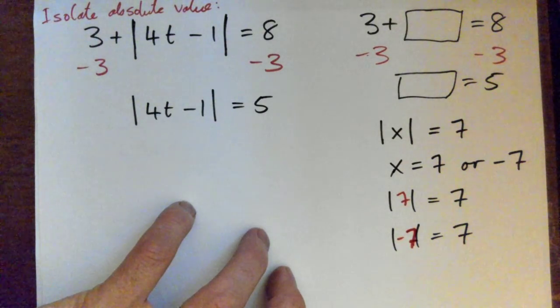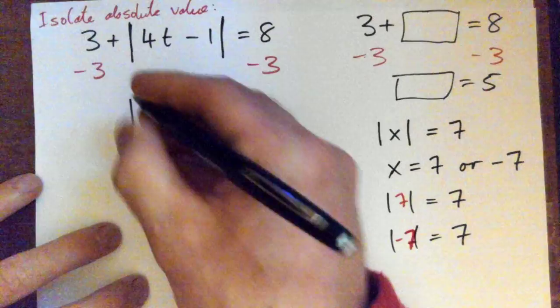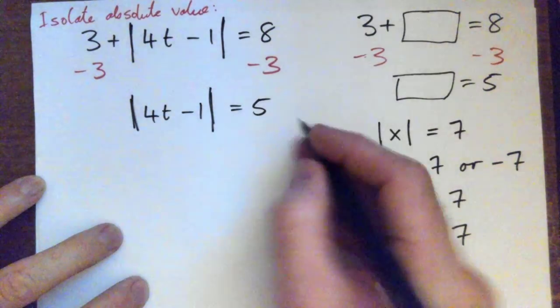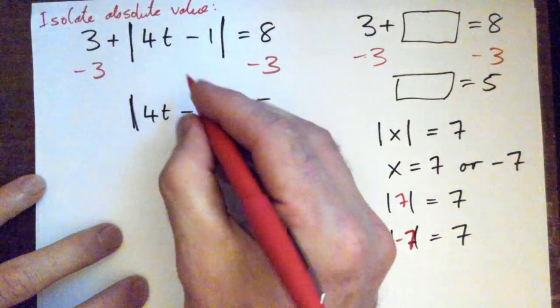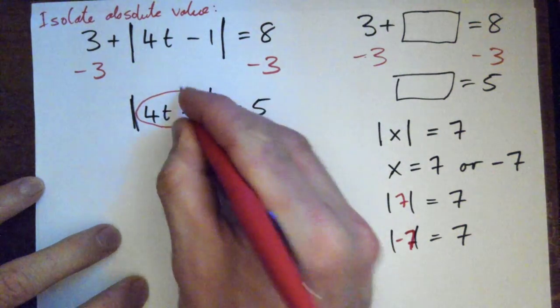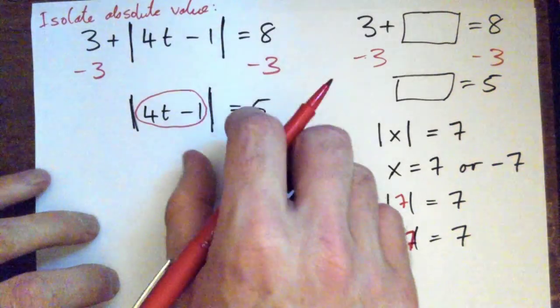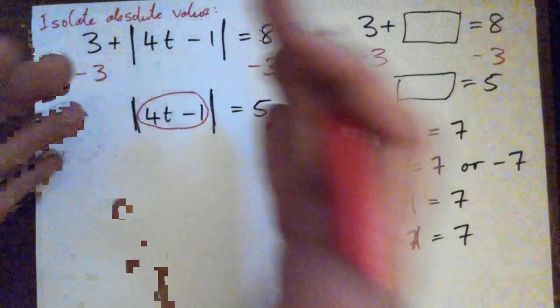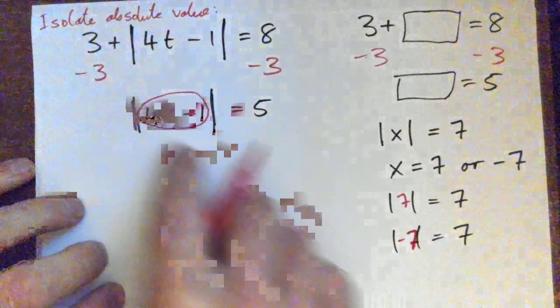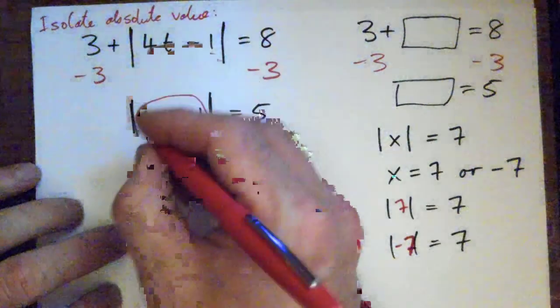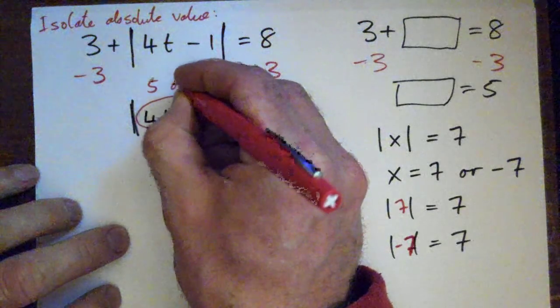Now, what we have is absolute value of thing. The thing in here is equal to 5. So that means the thing could be what? What could that whole thing be? The absolute value of it is 5. That whole thing in there could be 5 or negative 5.